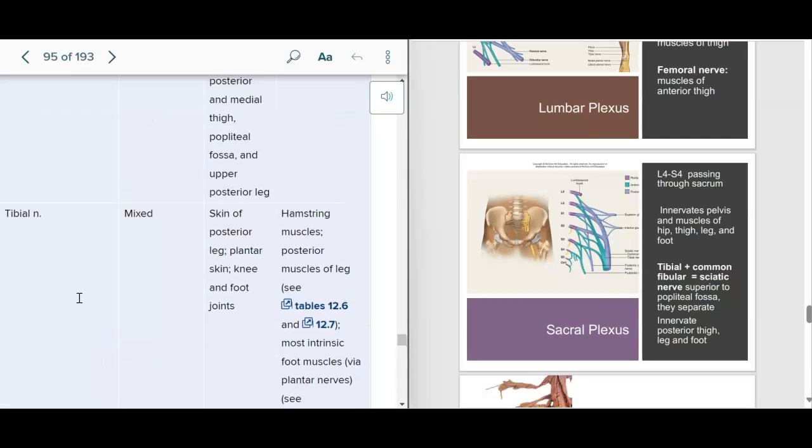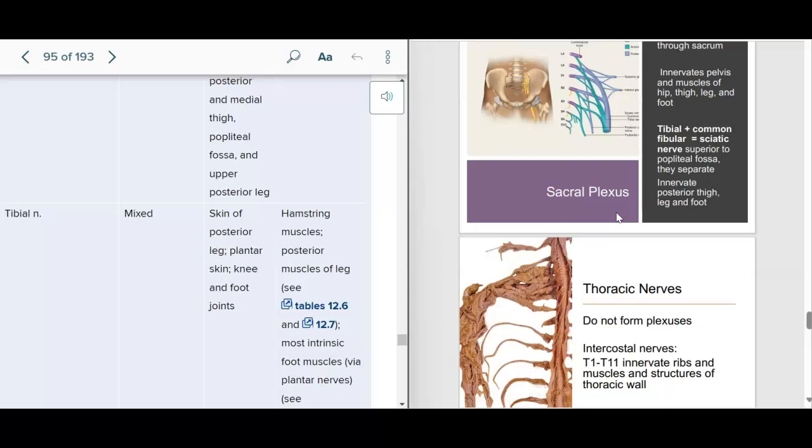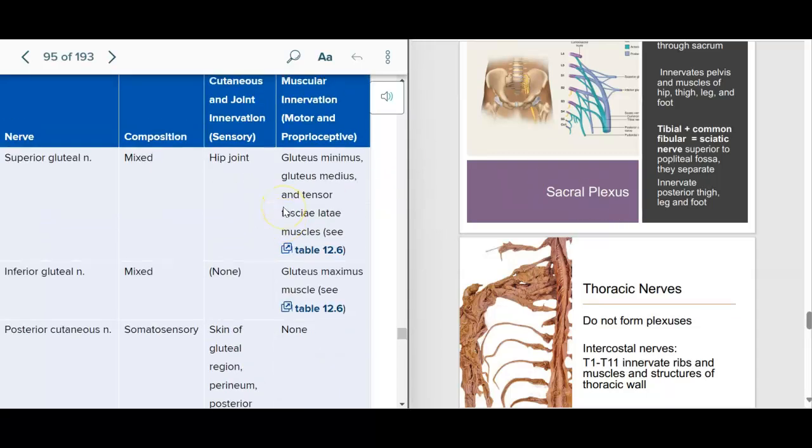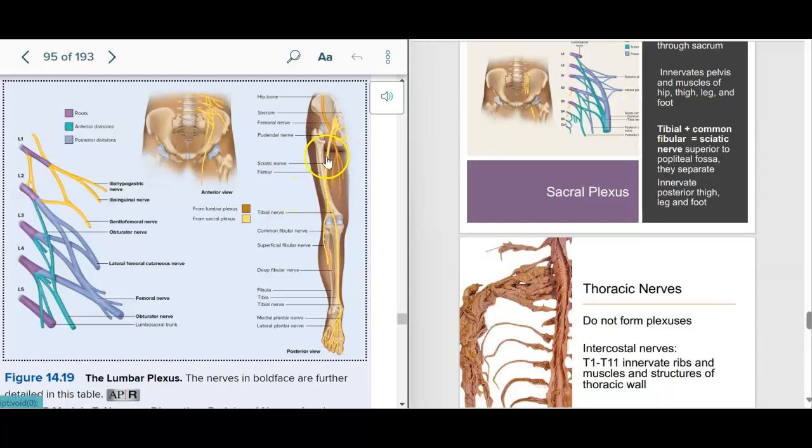They are the nerves that are just distal to the sciatic nerve. And so you can see the sciatic nerve here, and the sciatic nerve branches into the tibial nerve and the fibular nerve. And so it's the sciatic nerve for the majority of the thigh, and then it branches off.